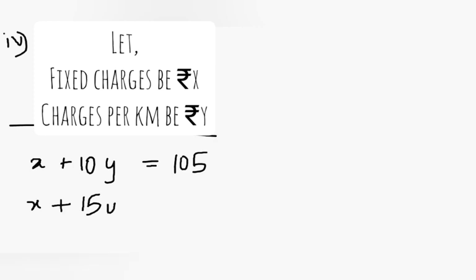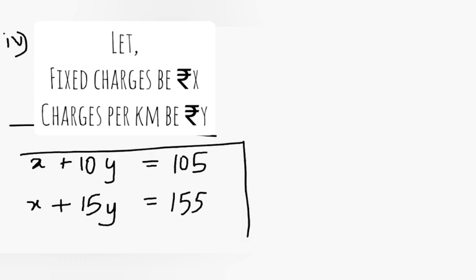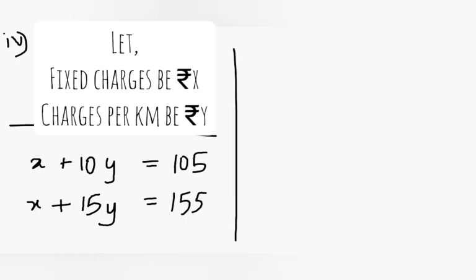He traveled 15 kilometers, and since the charge per kilometer is rupees y, we multiply it with y, and so we are left with one. He gave 155 rupees. Now you find the value of x and y using the substitution method. Then you have to do one more thing: find how much the person has to pay for traveling a distance of 25 kilometers.